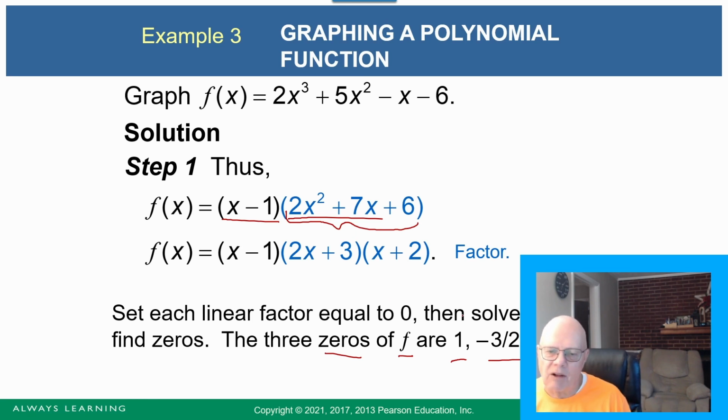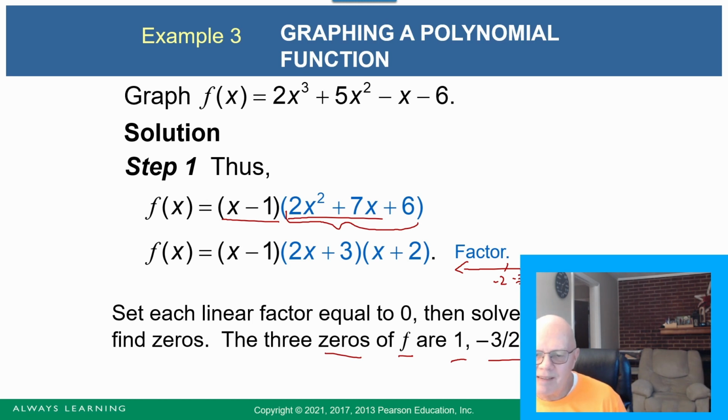And notice also that those 3 numbers split the number line into 4 different areas. Real quick, throw 0 in there, 1 is somewhere in here, negative 1.5 or 3 halves is about there, and negative 2 about like this.